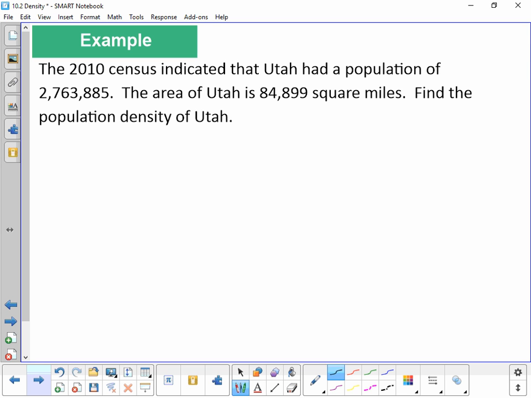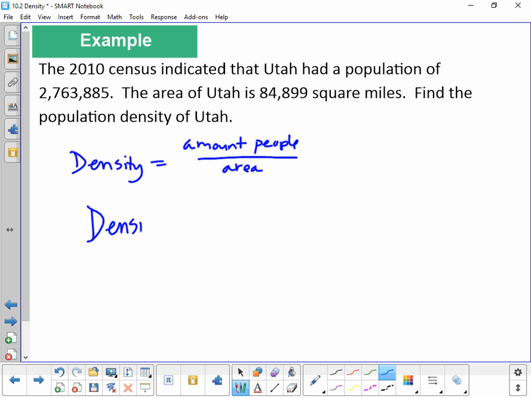If the area of Utah is 84,899 square miles, find the population density of Utah. So density is the amount of something, in this case the amount of people. And now we're going to divide by area instead of volume.